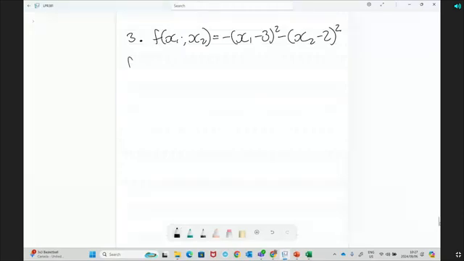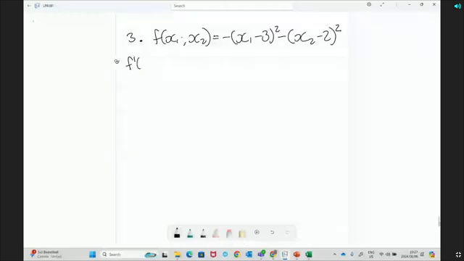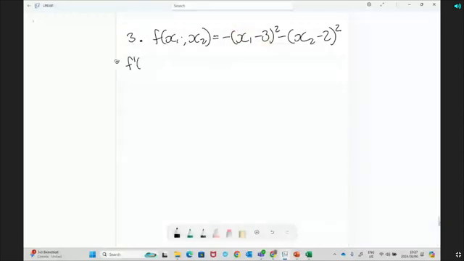So we first do our first derivative in terms of x1. The reason why I can use the chain rule on this: if you look at your two brackets, this bracket only has x1 and this bracket only has x2.